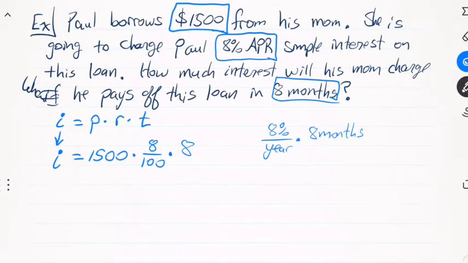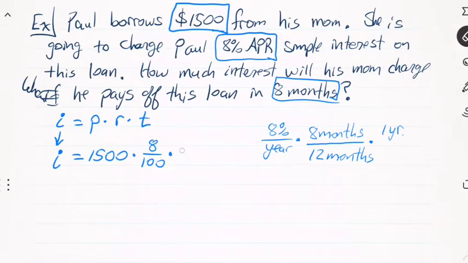So I have to change 8 months into a year, and the quickest way to do that is to divide by 12, because 12 months, and the only thing I'm leaving off is the 1 year that the 12 months is associated with. So we're just going to divide the 8 by 12. So this becomes, let me erase this, it's kind of too big, 8 over 12.